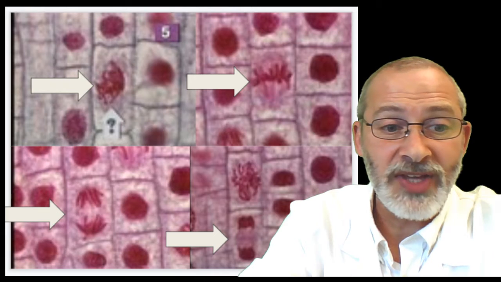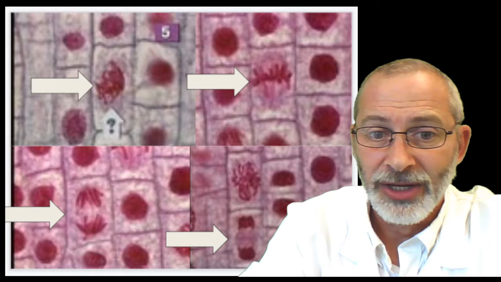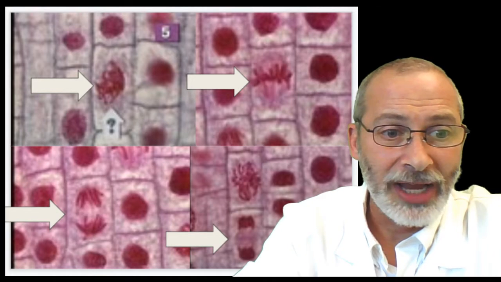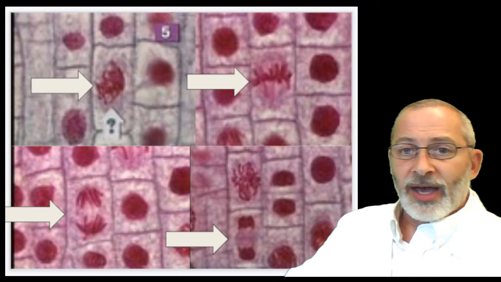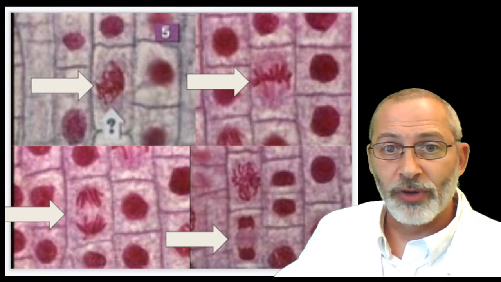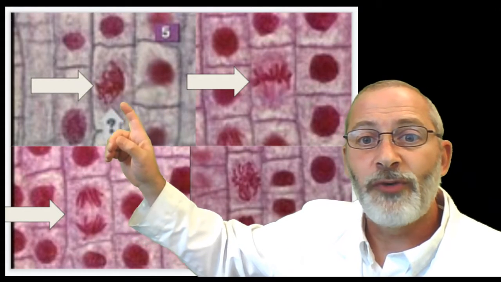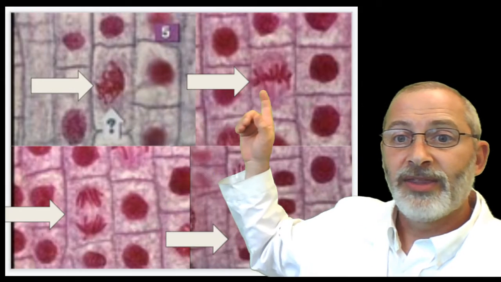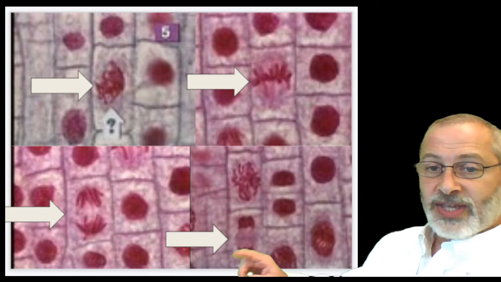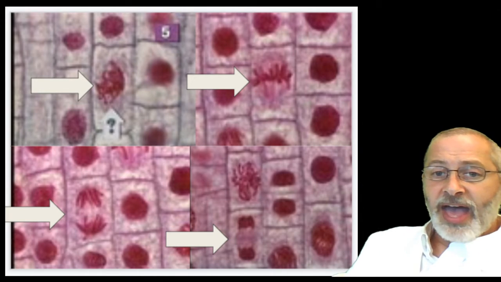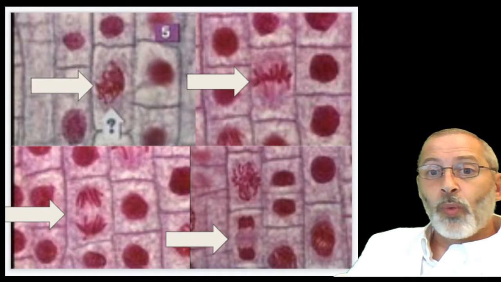And it's these four cells that we are going to use for our lab activity right now. And so what I'd like you to do is to take some time in your lab page in your book for the lab, and I would like you to illustrate only these four cells. This cell, this cell, this cell, and finally this cell. The four cells that are being pointed to with the white arrows.